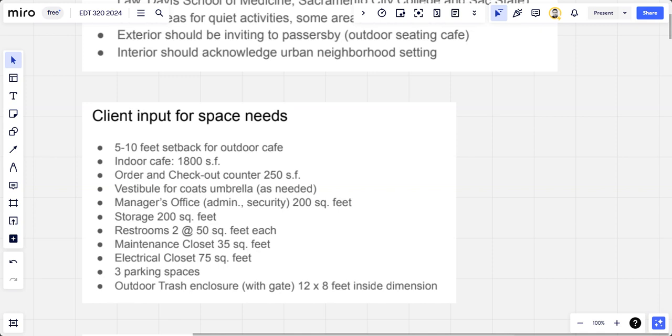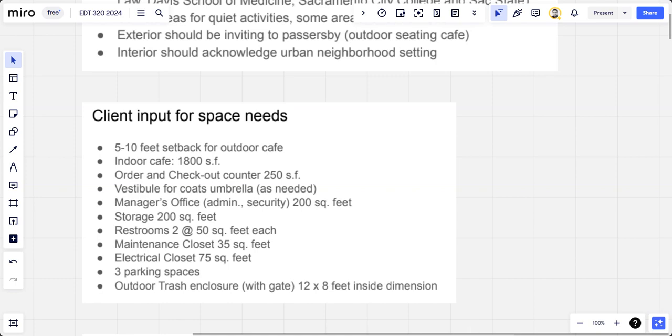And that's primarily what the owner has specified. Then there should be a maintenance closet, 35 square feet, and an electrical closet, 75 square feet. And there should be three parking spaces, which we're not going to discuss in this video because we discussed this in the site plan, including the location of the trash enclosures, 12 by 8.